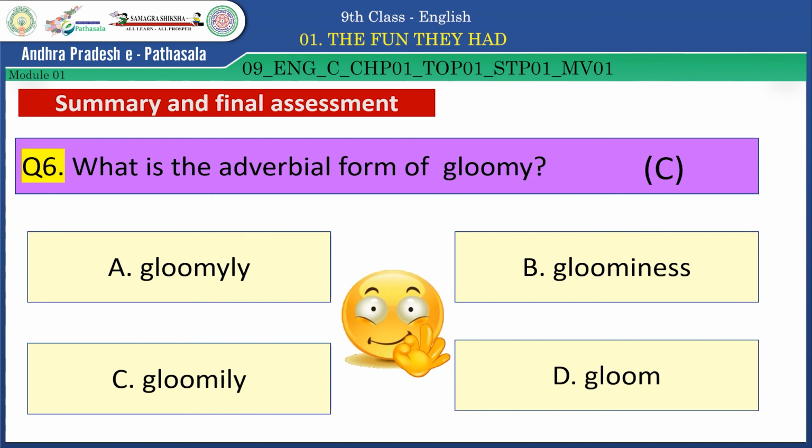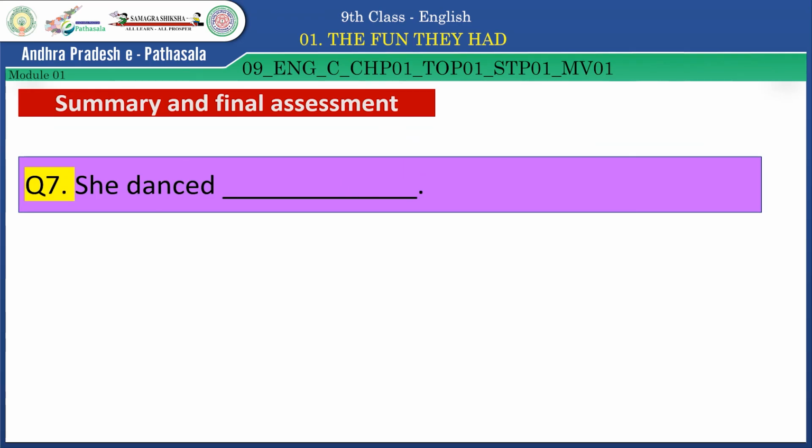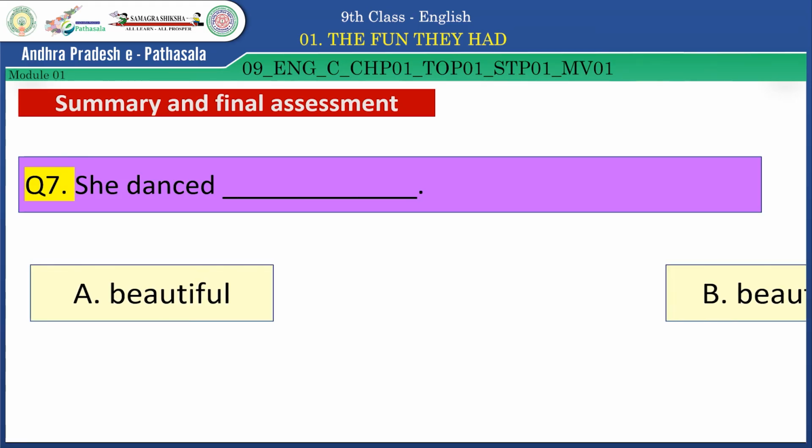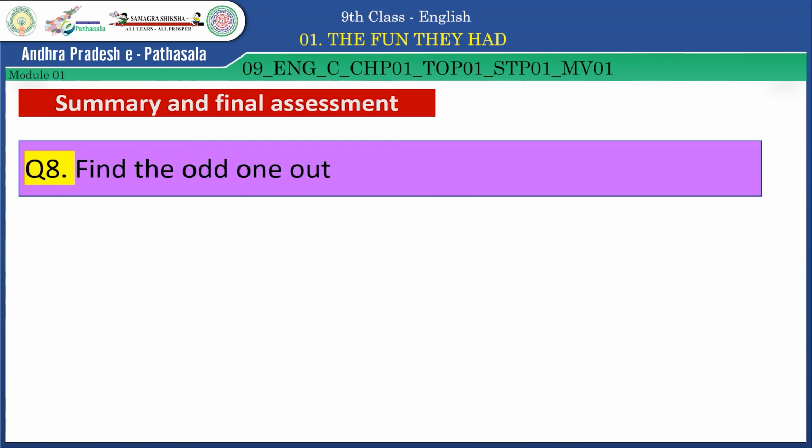Let's see another question. Complete the sentence. She danced dash. Beautiful or beautifully? Yes, the answer is B. We should use the adverb here. Shall we have another question? Find the odd one out from the four options given here.